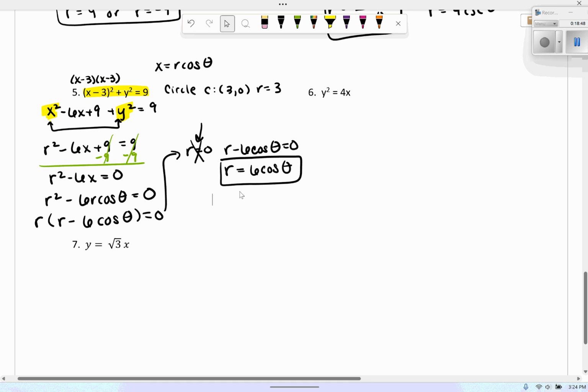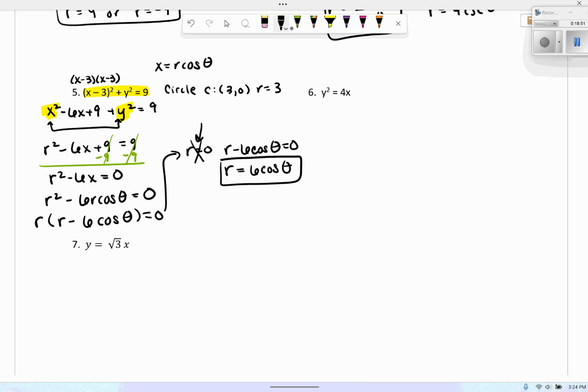So looking at the next one, same thing. So y is r sine theta, so this would be squared. And then our cosine theta is x. So this would be r squared sine squared theta equals 4r cosine theta.